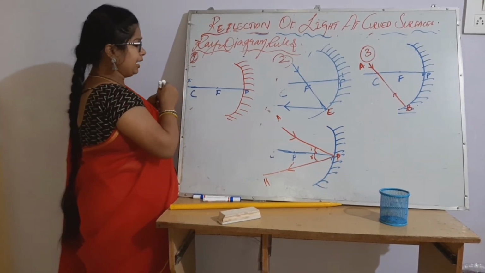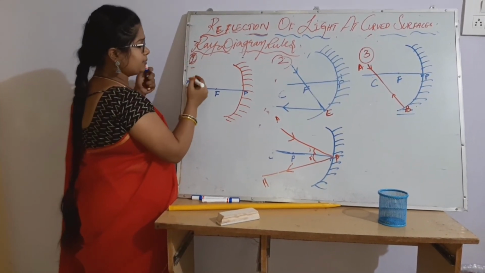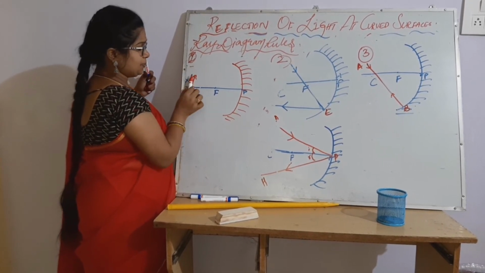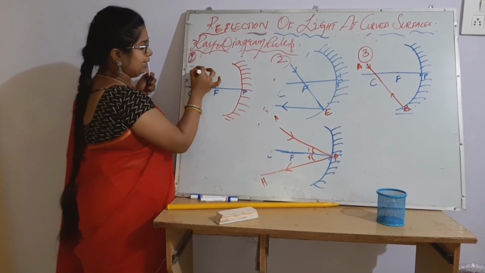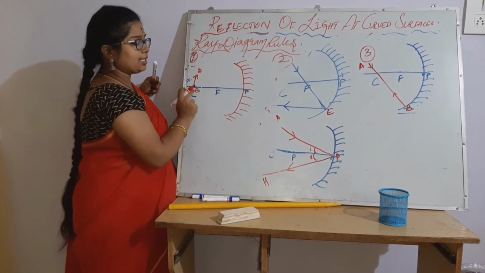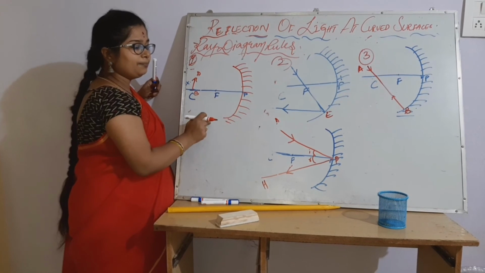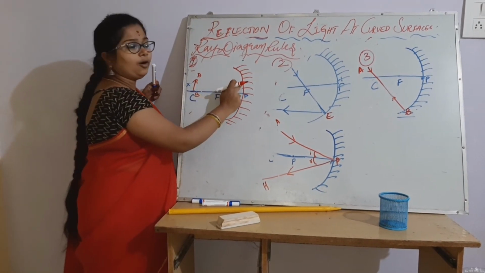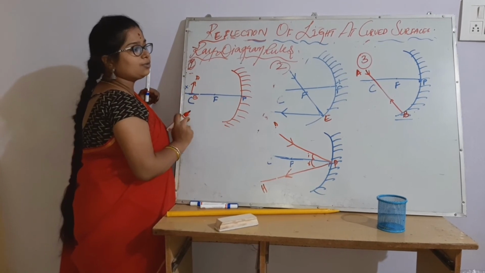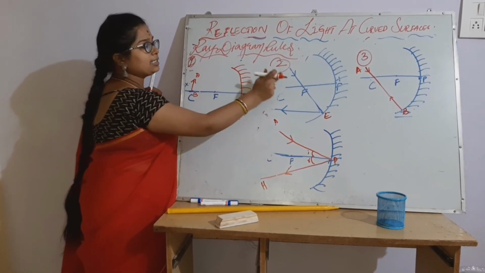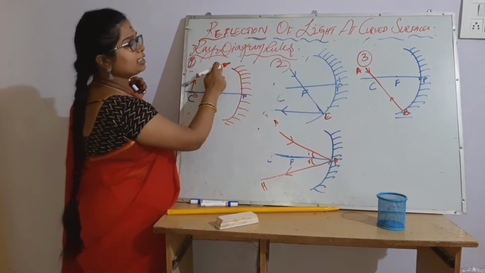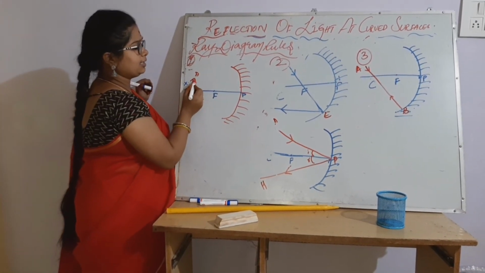Some object is placed here, this is the object, let me say this pen, AB. Using two rays, I will show where the image is formed when these rays fall on the mirror. What rules will we use? The first one and the second one, or the first one and the third one. Let us take the first and third.